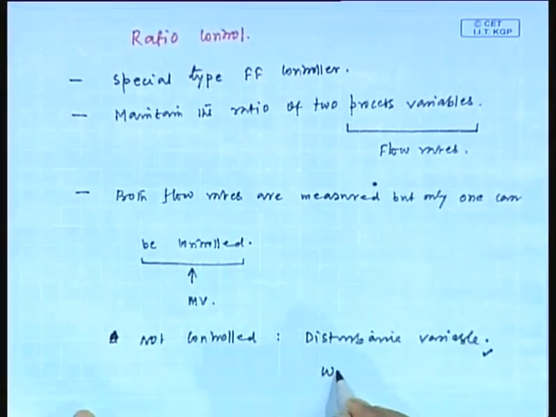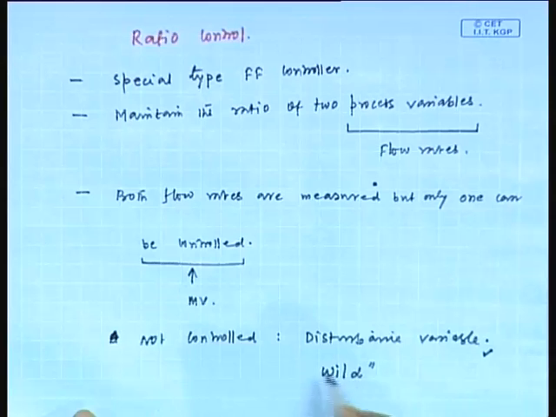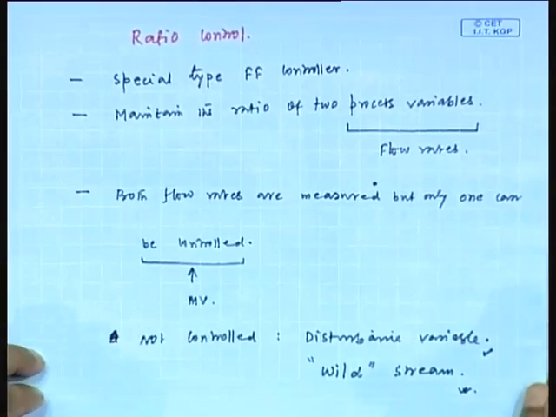The flow rate which is not under control is the disturbance variable, and since this is not controlled, it is called a wild stream.